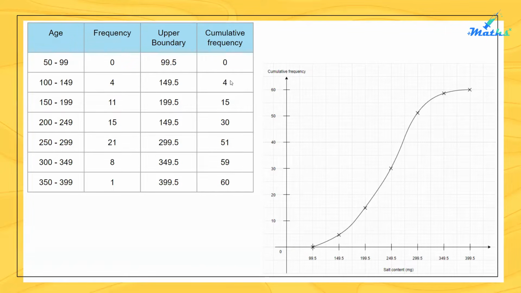So 4 plus 11 is 15, 15 plus 15 is 30, 30 plus 21, we get 51. 51 plus 8, we get 59. 59 plus 1, and we get 60.